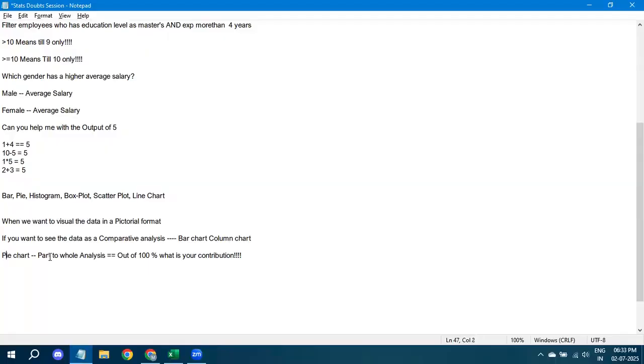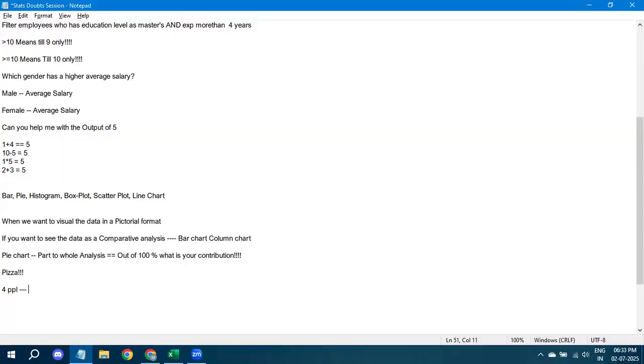A pie chart talks about part to whole analysis. The best example is pizza. When you order a pizza, the person will ask how many people you are. If you say 4 people, how many slices will you get?